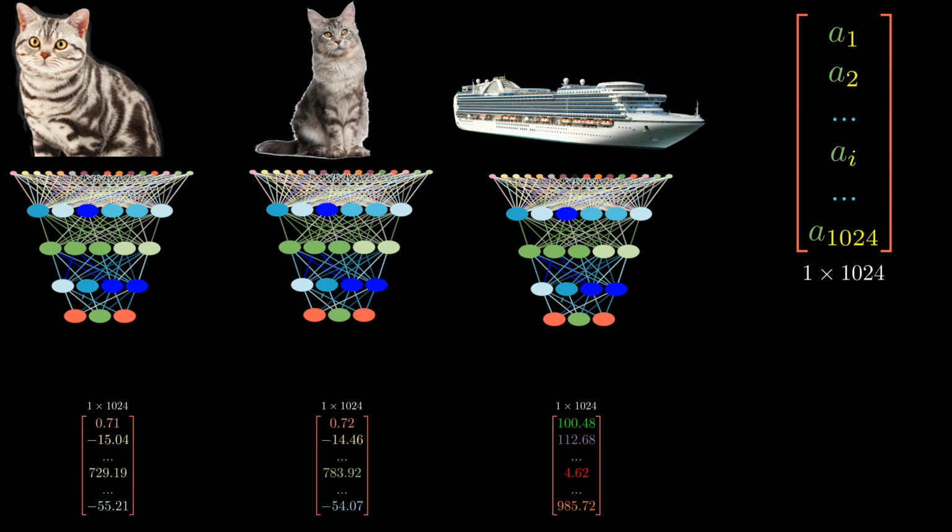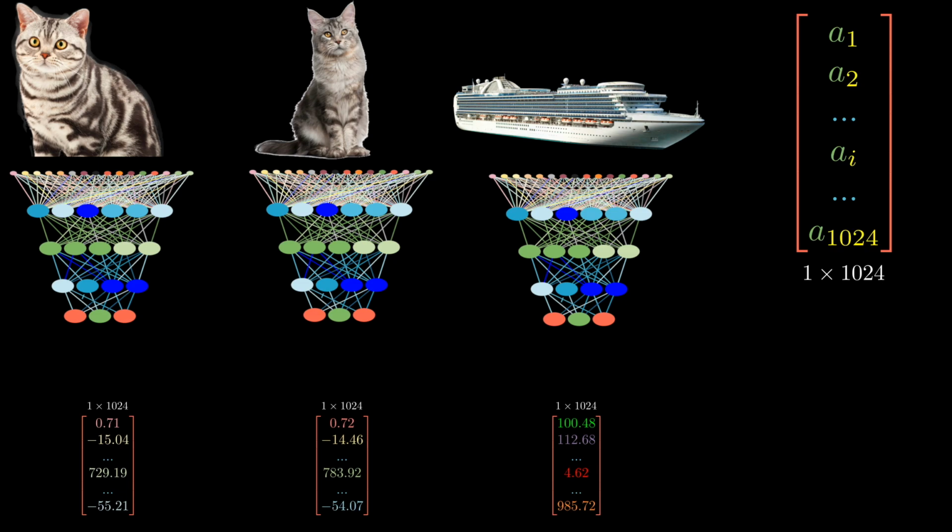The problem though here, and it's a huge problem, is that these vectors are big. Our input layer of our MLP classifiers in this example is made up of 1024 neurons. So we're dealing in a vector space of 1024 dimensions.